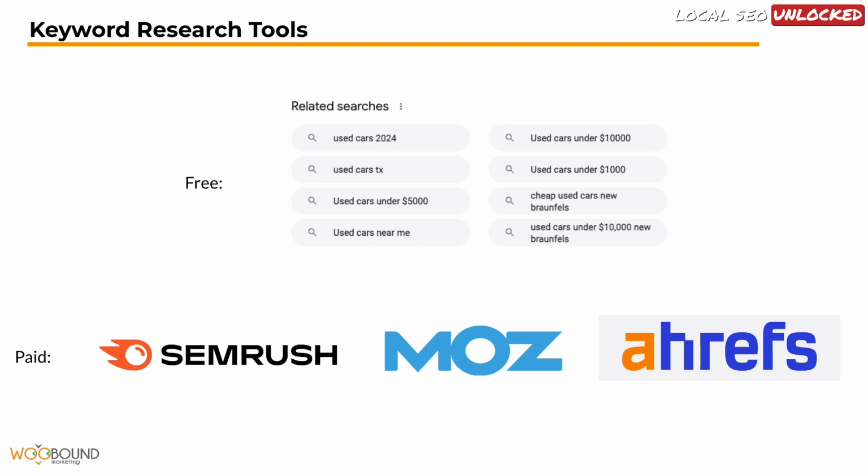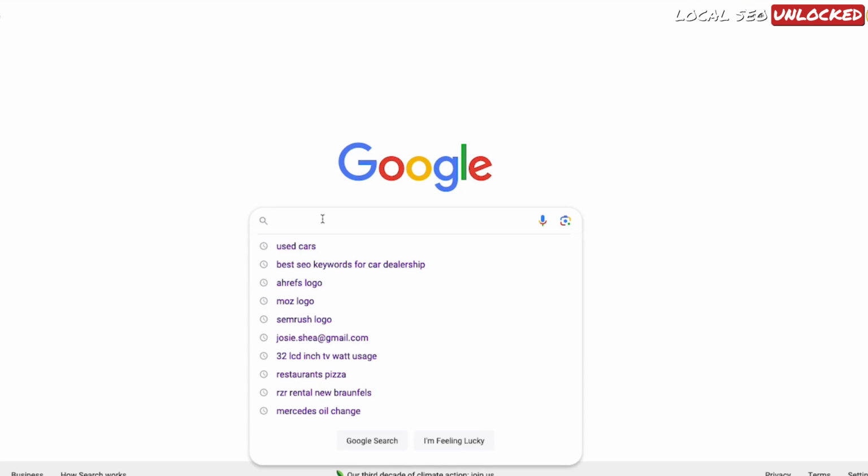Now, I wanted to throw in a free one, which is surprising because this is from Google search. On Google search, you can simply go to a search result and scroll all the way to the bottom and you will see related searches. From the related searches, you can actually get really good gold mine keywords that other people are searching for related to this one, right?